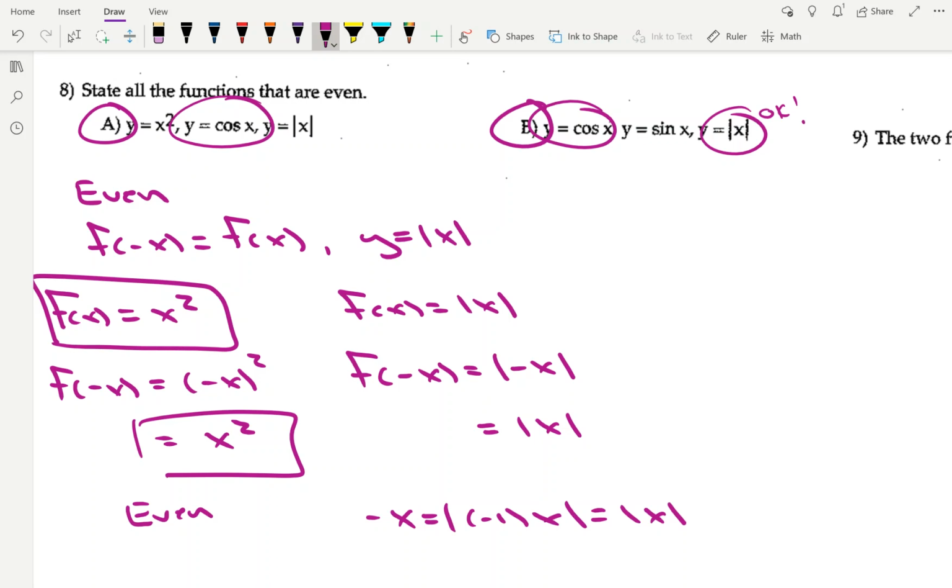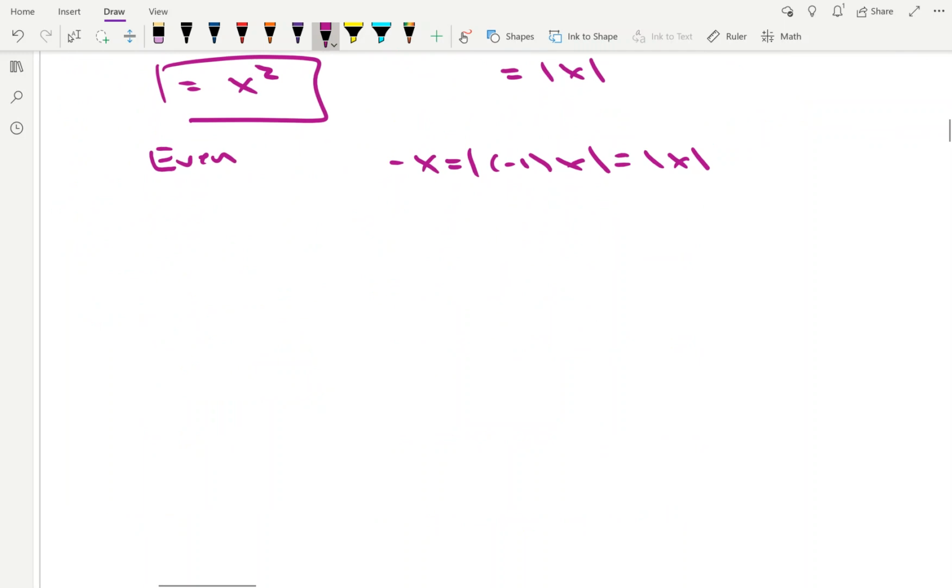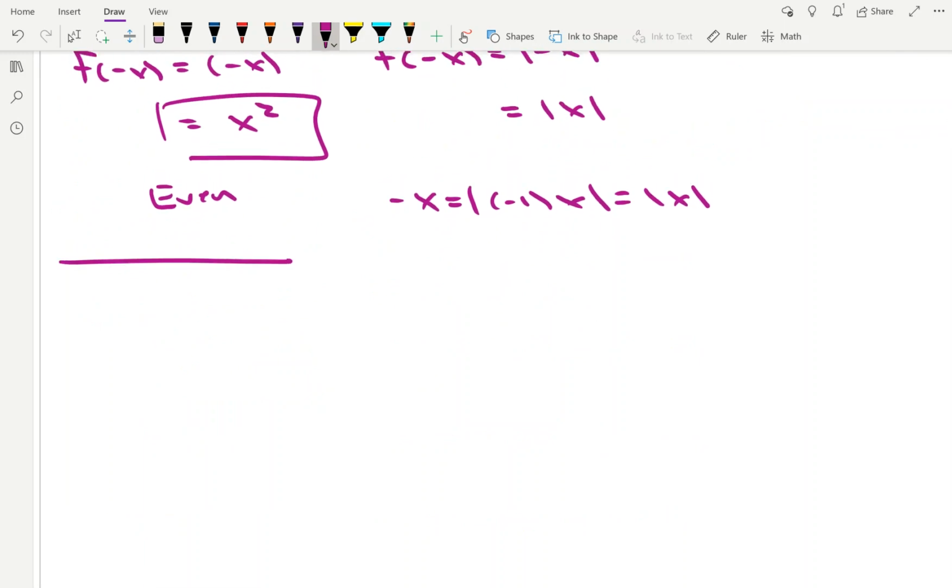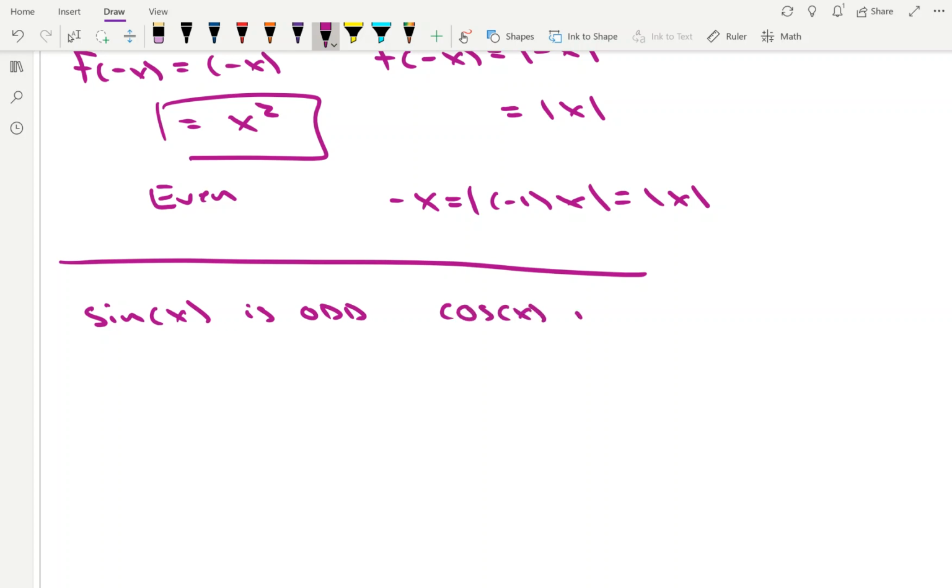So if cosine is even, then we'll circle A. If cosine isn't even, then we'll investigate y is equal to sine of x. There are some properties you can just remember, all right? I'll just tell you right now that sine of x is odd, and cosine of x is even.